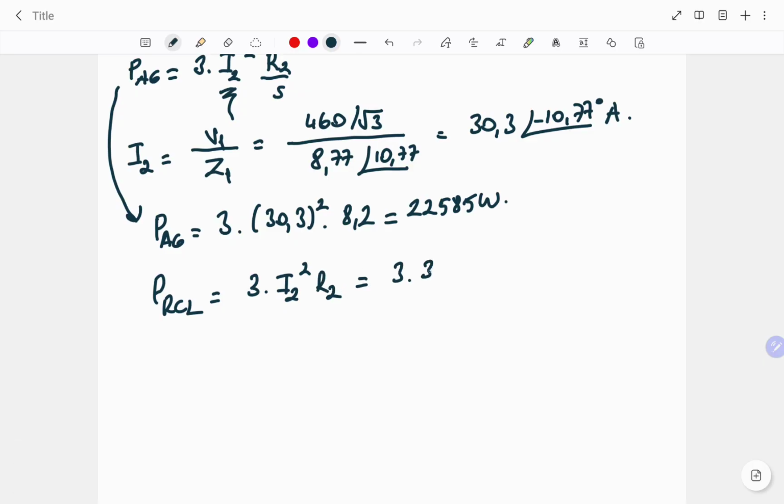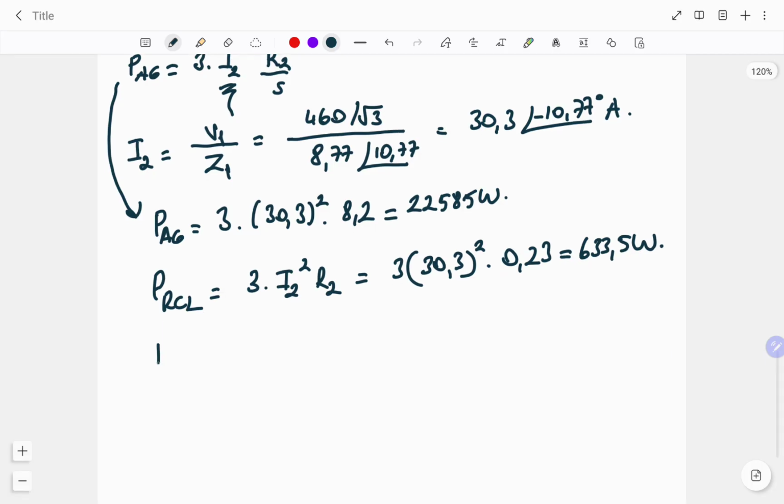So 3 times 30.3 squared times the R2 value, which is 0.23. That means 633.5 watts will be absorbed by R2.